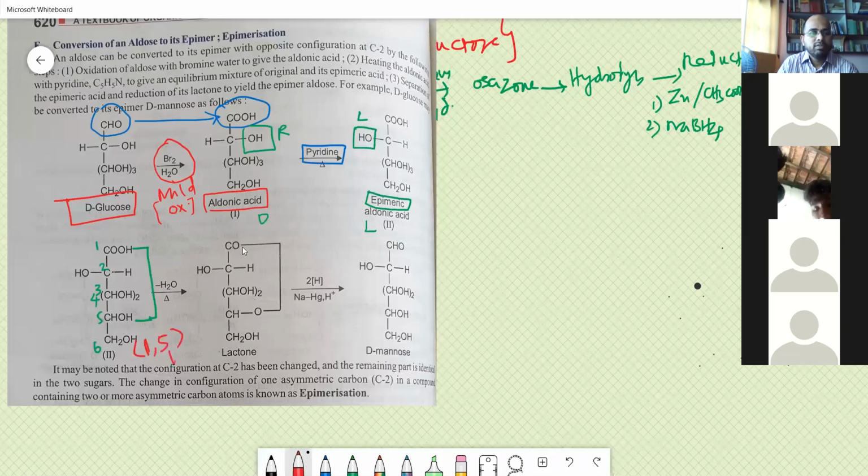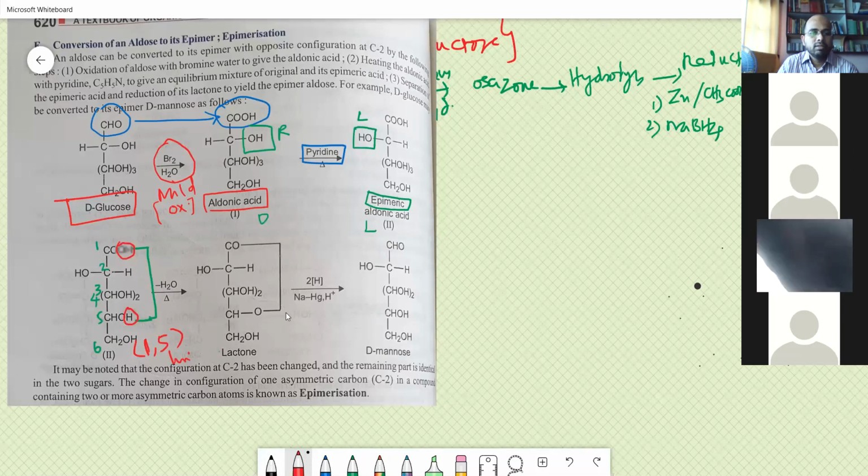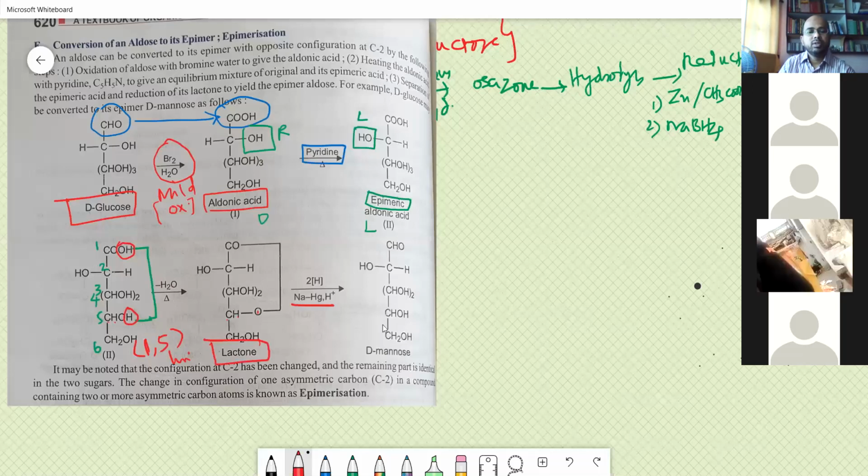So at the first carbon atom, an OH goes and an H goes, minus H2O. Once it goes, you get this bond. So it is a lactone. And then you reduce with sodium mercury in the presence of that. So you get the mannose. Okay. So glucose is converted into mannose.